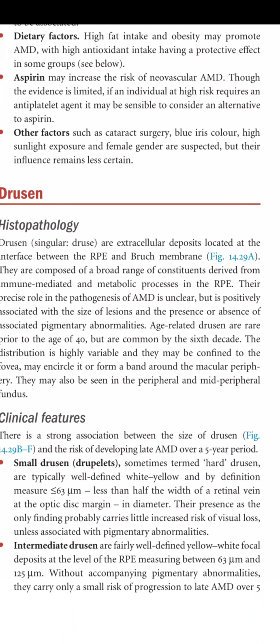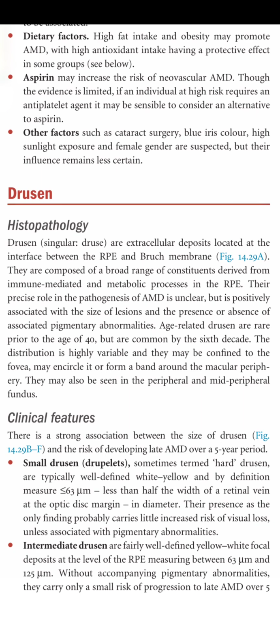Small drusens or drupelets, sometimes termed hard drusens, are typically well defined, white-yellow, and by definition measure less than 63 micrometers, less than half of the width of the retinal vein at the optic disc margin, in diameter. Their presence as the only finding probably carries little risk of visual loss unless associated with pigmentary abnormalities.